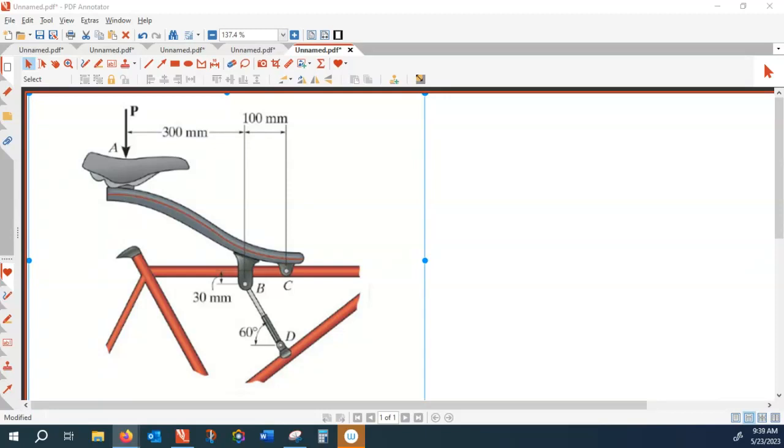So now I come back to this free body diagram. There are not four unknowns anymore. I know the direction of the force but not the magnitude. One magnitude, two unknowns, three unknowns altogether. So that is now solvable.